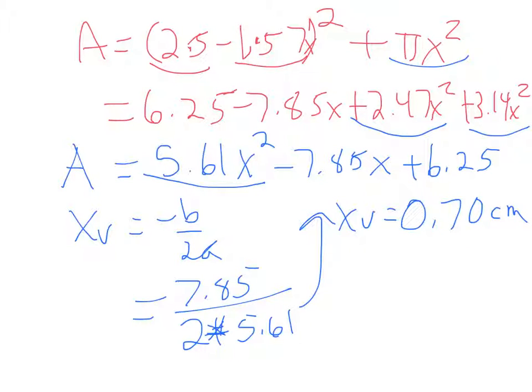So if we look at that, in this case we have x as our circle. So the area of the circle with the radius of 0.7 is pi times 0.7 squared.